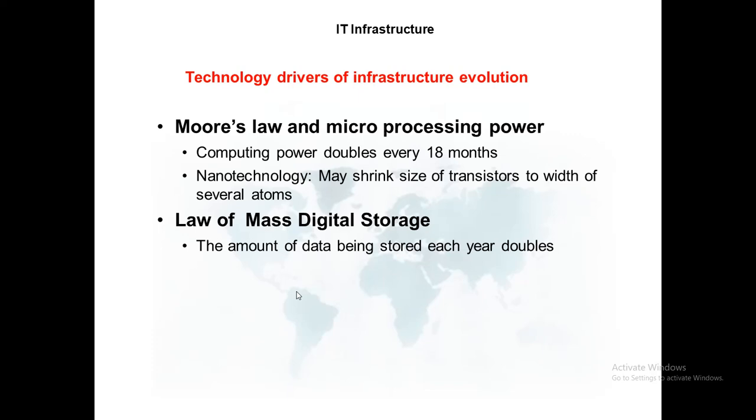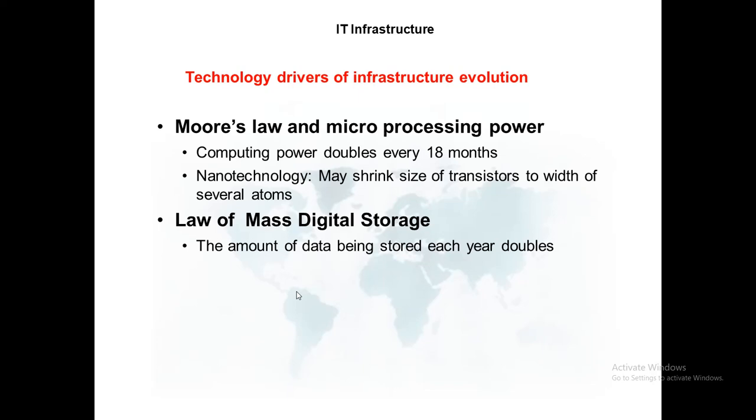So here, the changes in the infrastructure that we've just described have resulted from developments in many areas of computing, like the computer processing power, the memory chips, the storage devices, the telecommunications and networking hardware and software, and other factors.